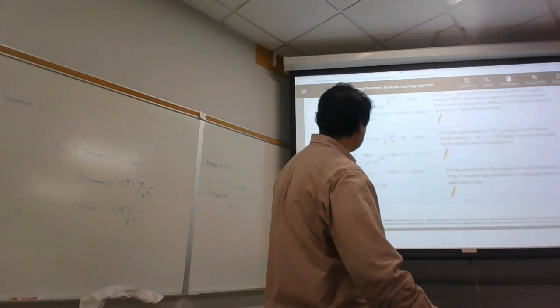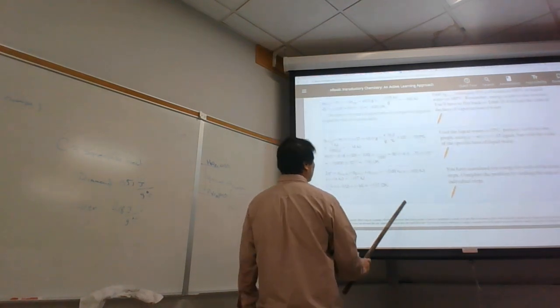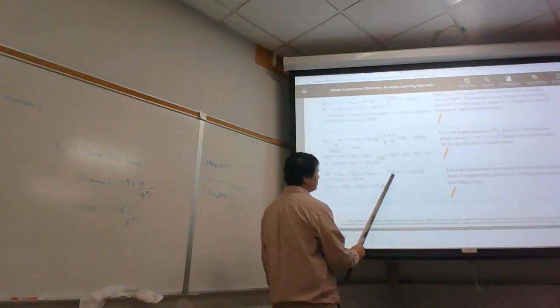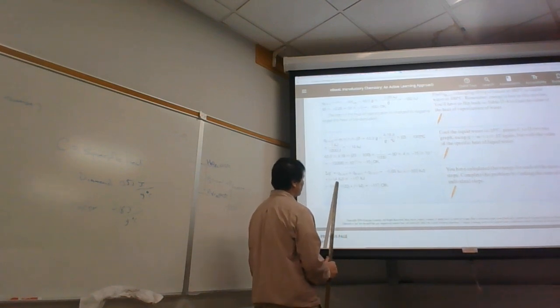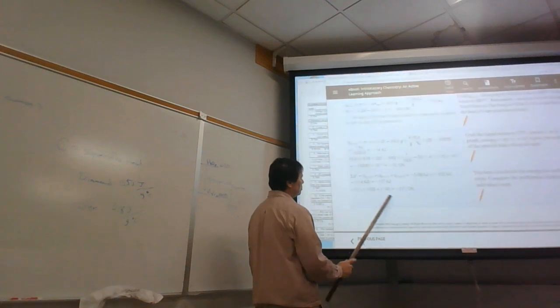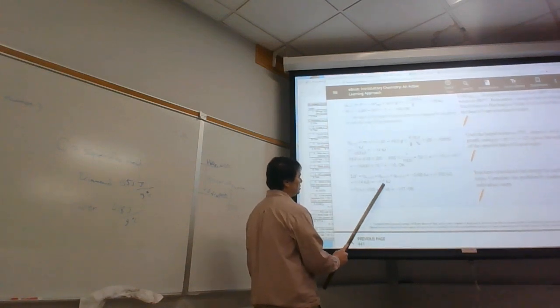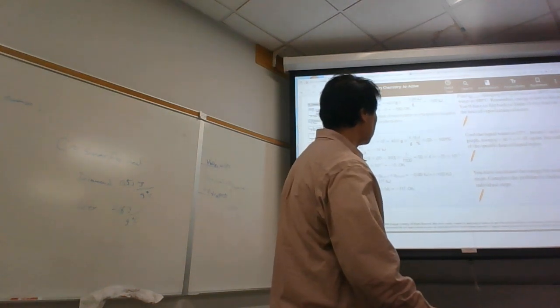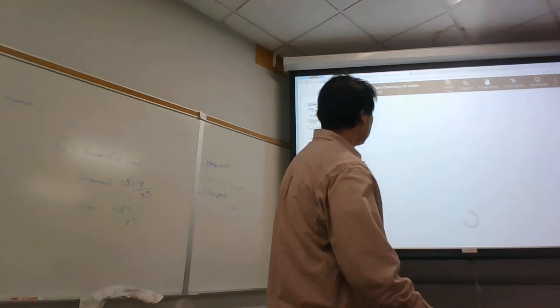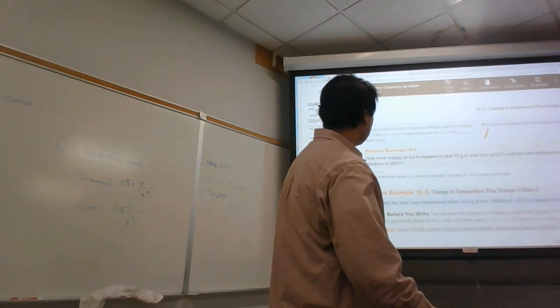And what we do is we just add up all the steps. So the first step, we have to remove 0.99 kilojoules. Second step, we have to remove 102 kilojoules. And the third step, we have to remove 14 kilojoules. So a total of 117 kilojoules needs to be removed in order to accomplish this. And so this is a multi-step calculation here.